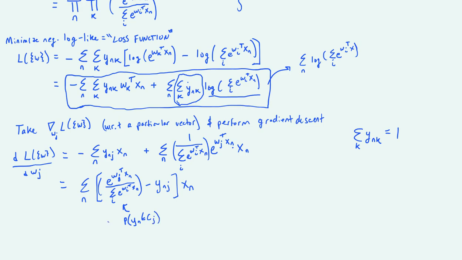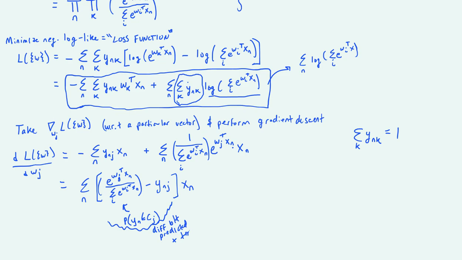So this whole term is the difference, and we've seen this with binary classification as well. This pattern keeps coming up in the gradients. This is the difference between our predicted value and the true value.